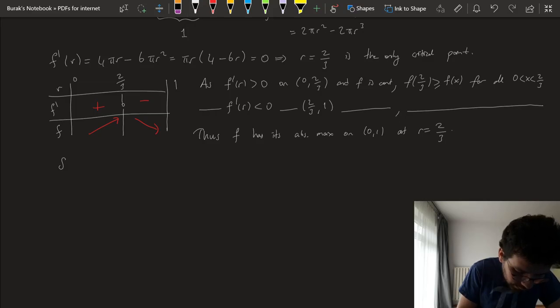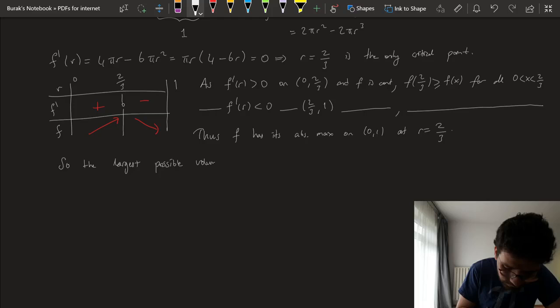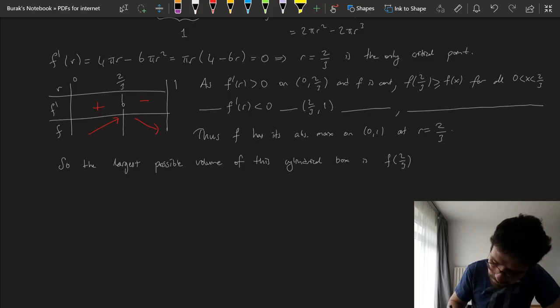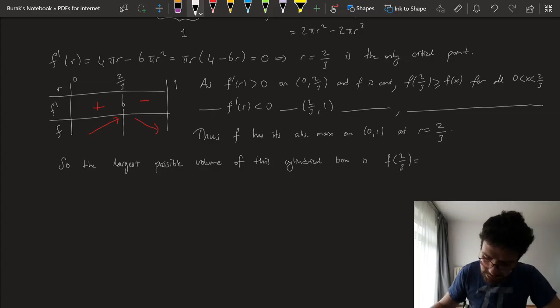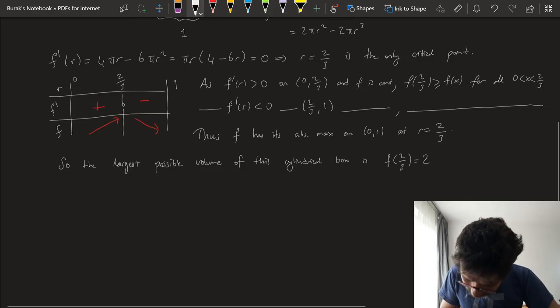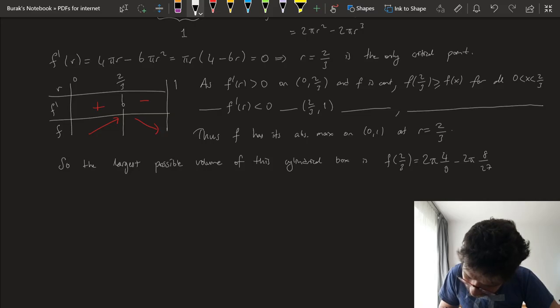So the largest possible volume of this cylindrical box is f of 2/3, which is 2 pi (4/9) minus 2 pi (8/27) meter cubed.